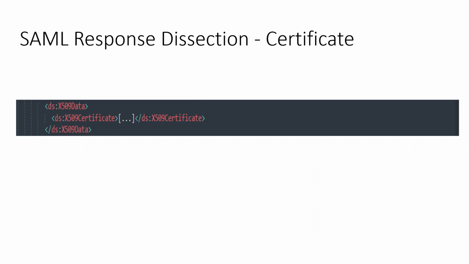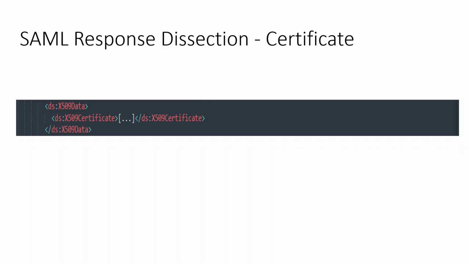Certificate. The certificate value would be there in ds:X509Data. This would be the public key of the identity provider that would be used to verify the signature of the SAML response. So these are some of the attributes that I wanted to talk about in this video.